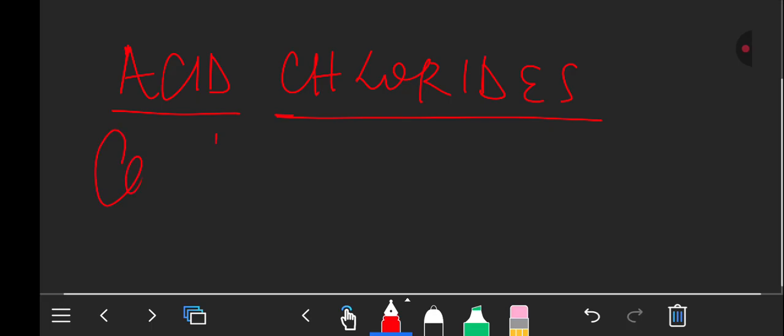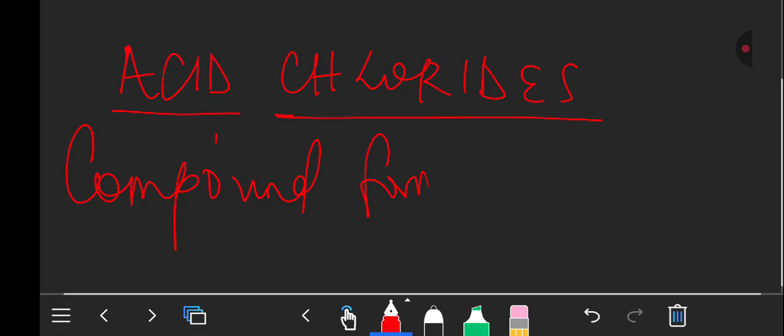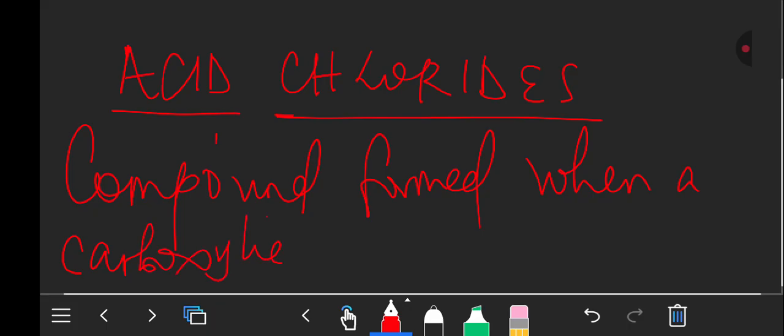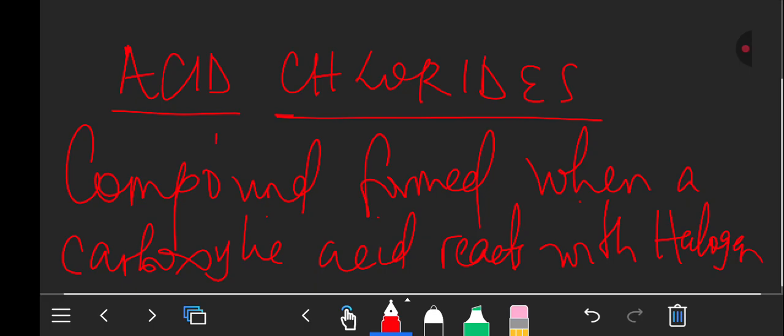So that compound which is formed is what is known as an acid chloride.